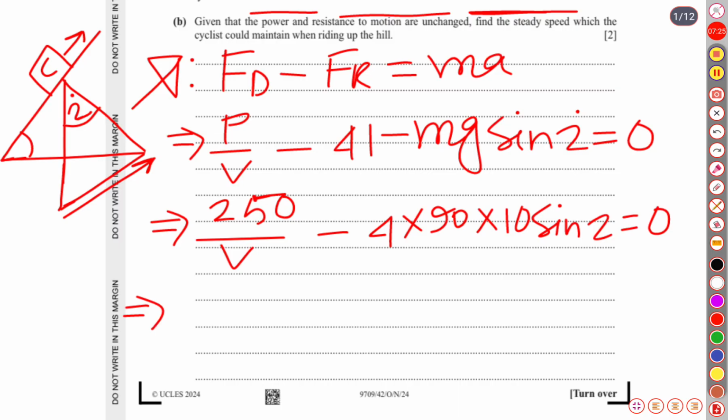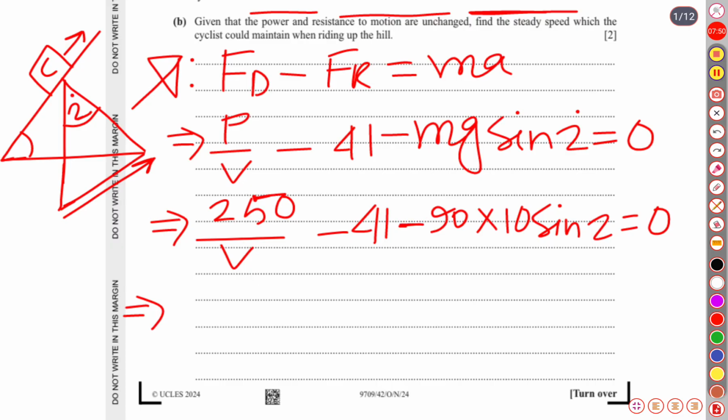Now here also we made a mistake, it is not 4 into, it should be 41 plus, sorry, 41 plus, not plus, that is negative, sorry, it is negative.